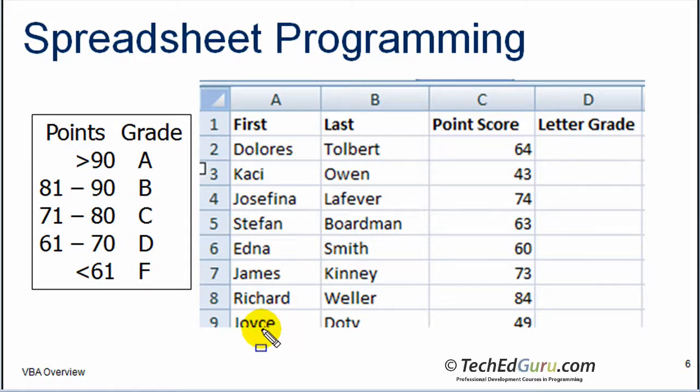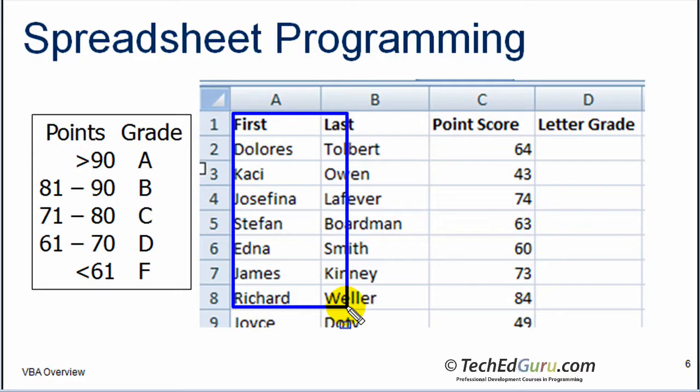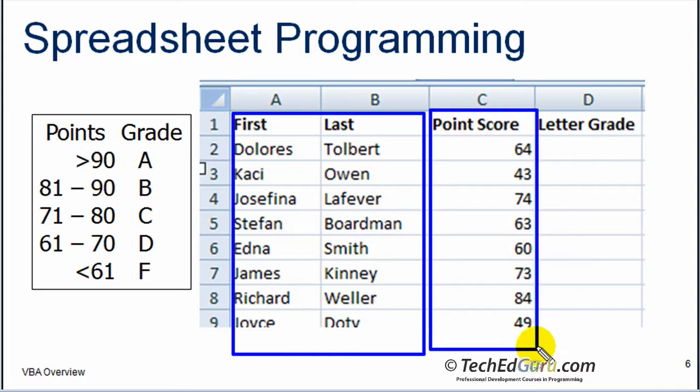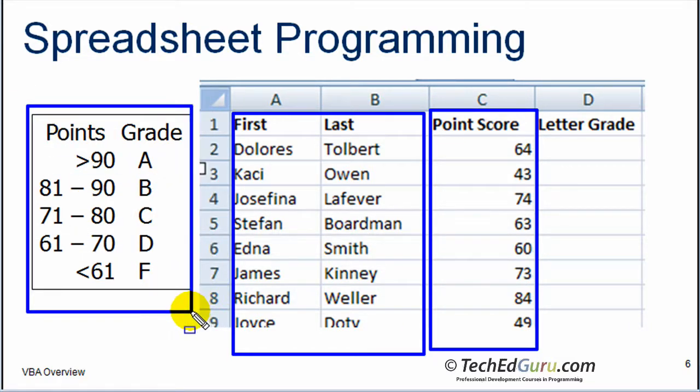Here is a problem. I have 100 students in my class, and column C contains their point score for the quarter. The quarter has now ended, and I'm ready to assign a letter grade based on this criteria.